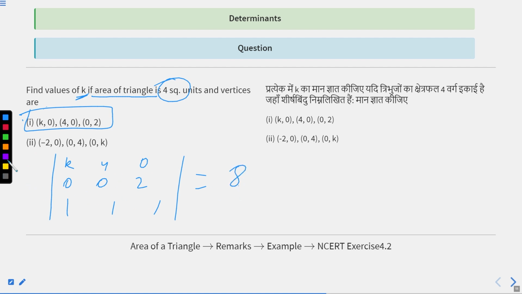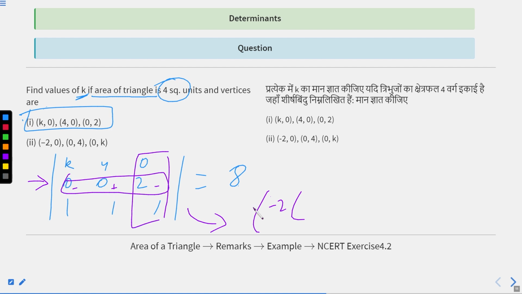I'll be expanding using row 2, because we have the maximum zeros in row 2. So the signs will be minus plus minus. So minus 0 plus 0 minus 2. These two will be eliminated, and you are left with only the minus 2 term. Now for minus 2, I have to eliminate this column and this row.